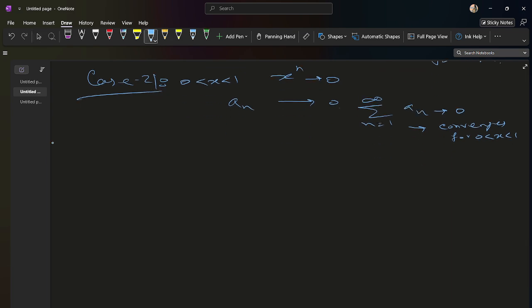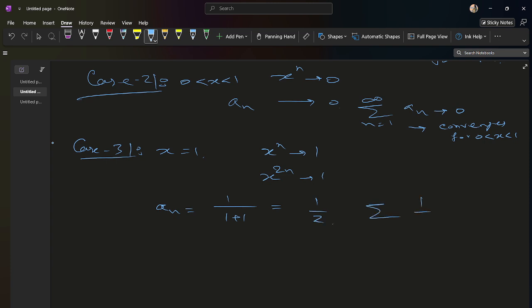We are going to take case 3, where x is 1. Then x to the power n will be 1, and x to the power 2n will also be 1. So a n is 1 by 1 plus 1, that is 1 by 2.